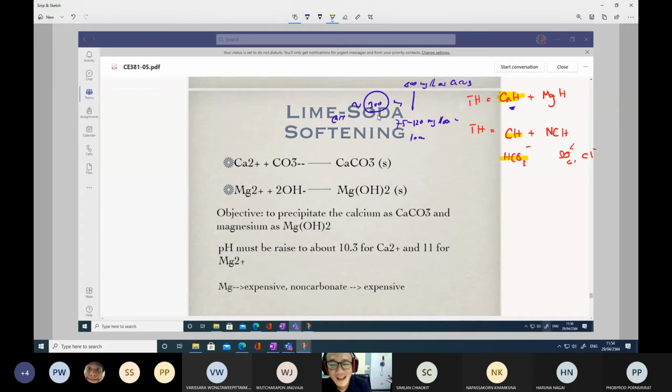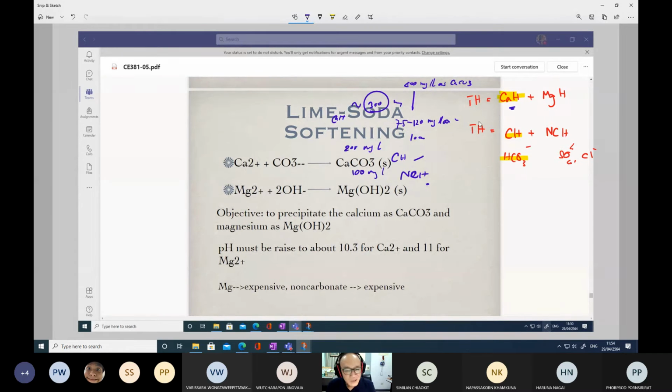For example, if we have to remove 300 milligrams per liter as calcium carbonate, and 200 milligrams per liter is the carbonate hardness, and another 100 milligrams per liter is non-carbonate hardness, then we try to remove this one. If there is non-carbonate hardness to be removed, then we go for the non-carbonate hardness remover.